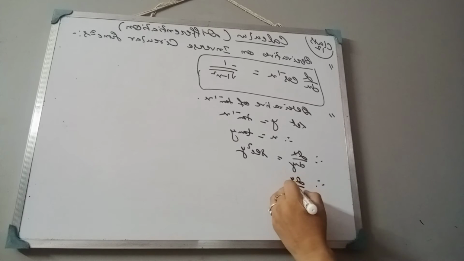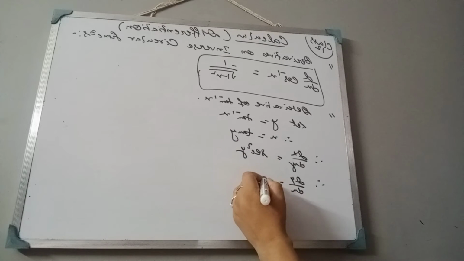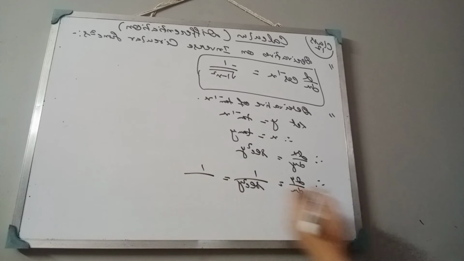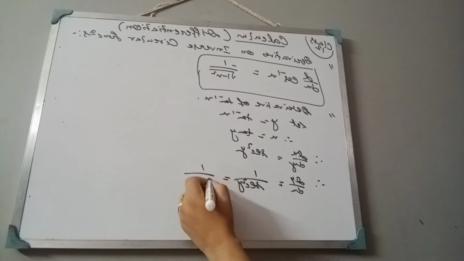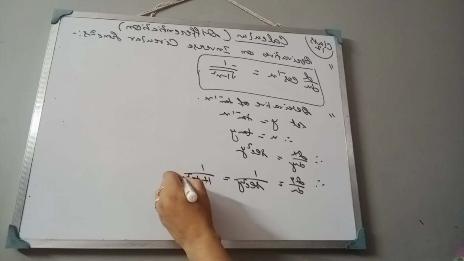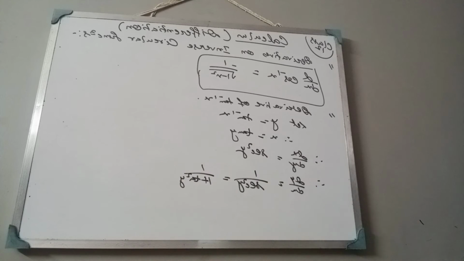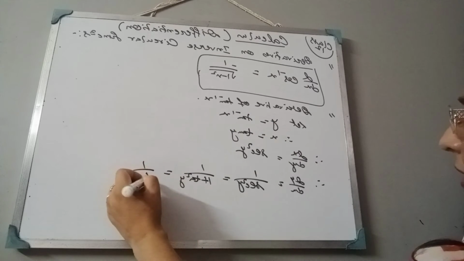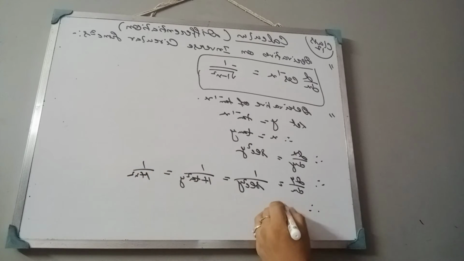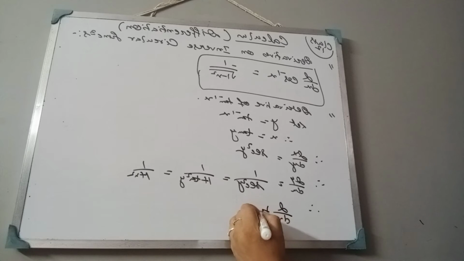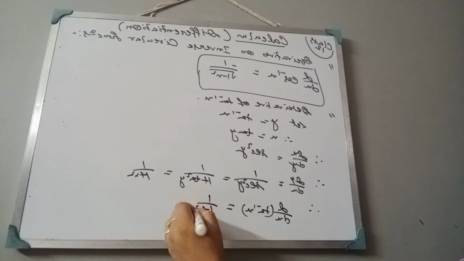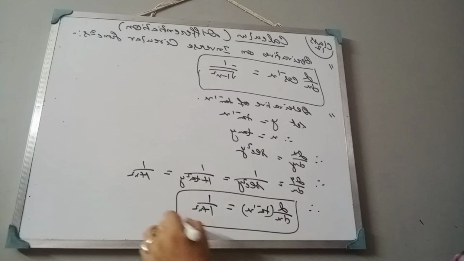Therefore dy/dx is 1 by sec square y. And sec square theta means 1 plus tan square theta, so it will be 1 plus tan square y. And tan y is already written here as x. So 1 by 1 plus x square. Therefore d/dx of tan inverse x is equal to 1 by 1 plus x square. This is another formula.